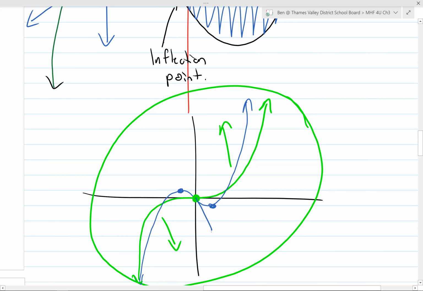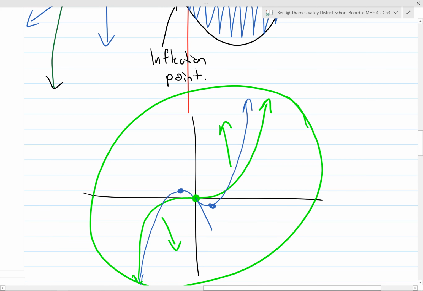Now, we also do know the minimum degree that we're working with here because we know the number of turning points at the very most is one less than the degree. Okay, well here I have only one turning point. It's at (3, 27). But I also have a point of inflection, an inflection point right here. And an inflection point we know counts for 2 turning points.